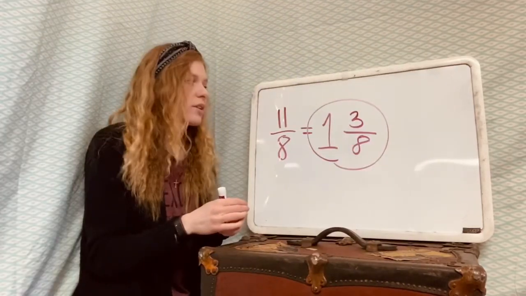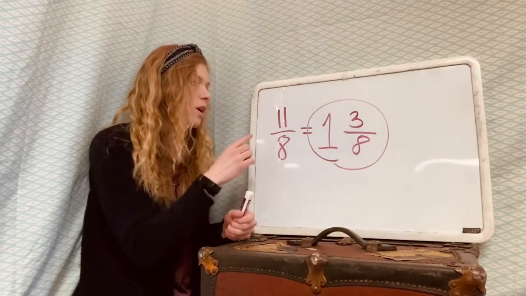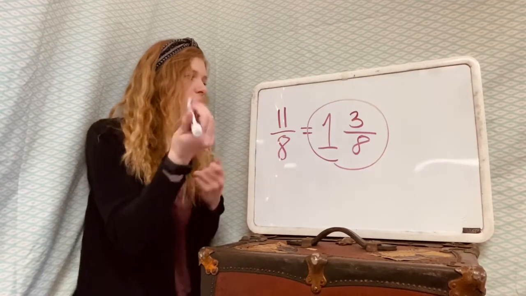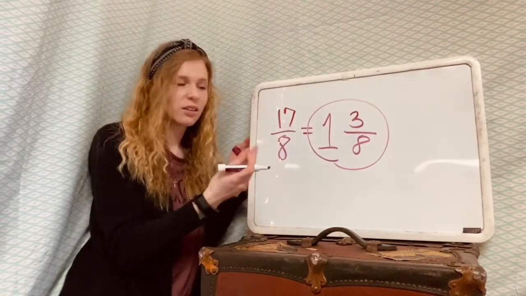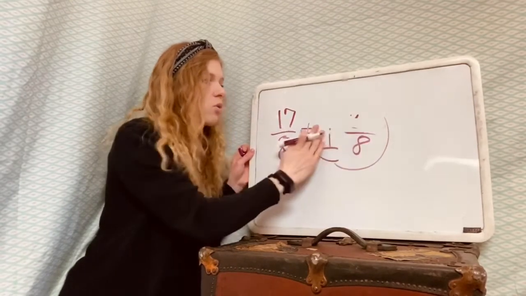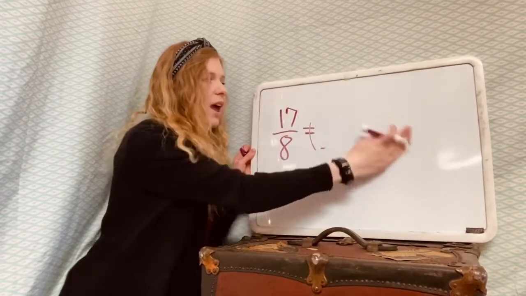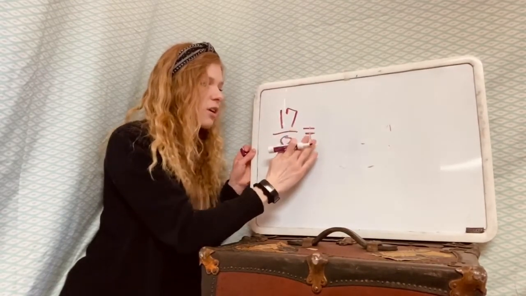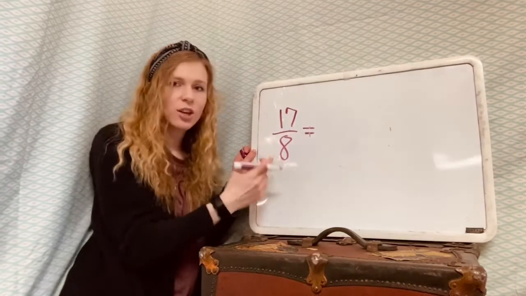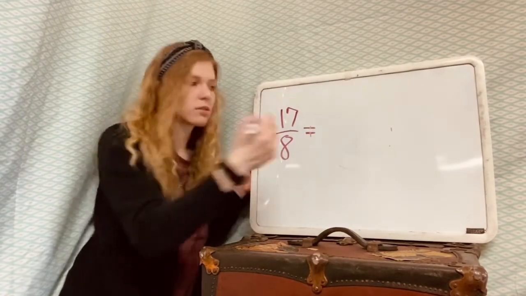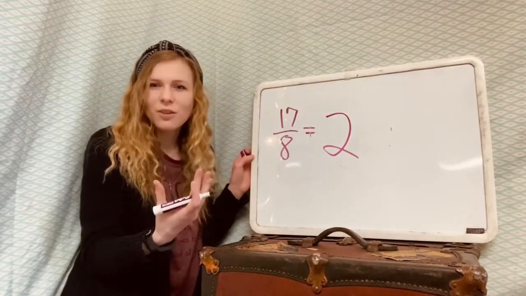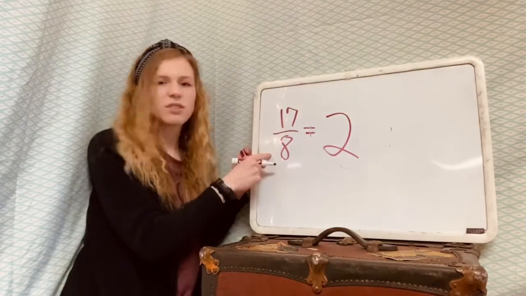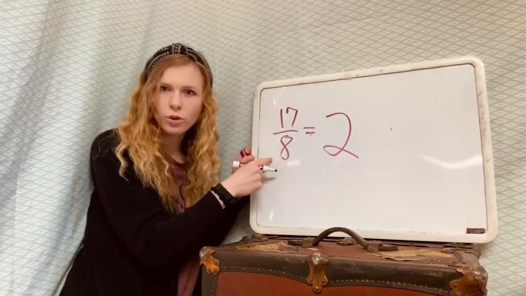Now, what if it was a number such as, let's change it to 17. When I ask myself, how many times does 8 go into 17? It goes in twice. So now I have a big 2. But how many is left over? I can't just take 17 minus 8. That's not true.